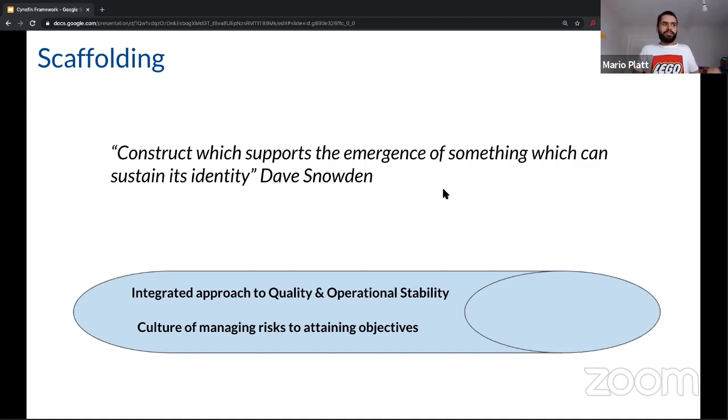As opposed to being something that we are trying to build on top that will require much more energy and much more political capital.